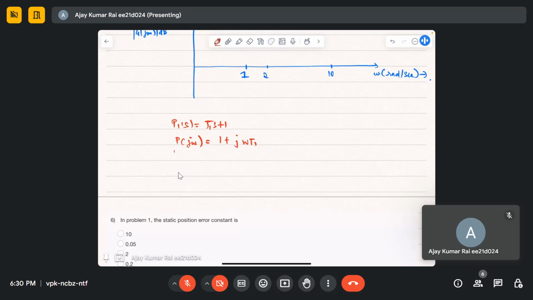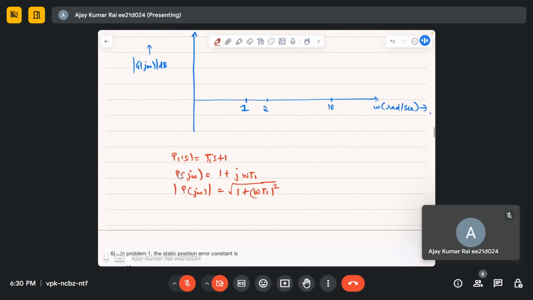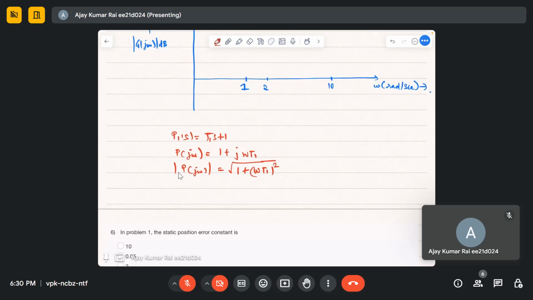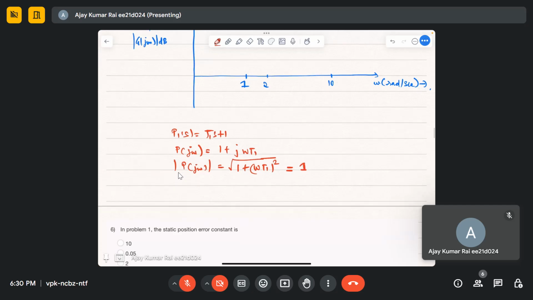What is its magnitude? It is the square root of 1 plus (omega T1) squared. In low frequency regions, omega is very small, so what we used to assume is that the magnitude is equal to 1. I'll call this the low frequency asymptote.